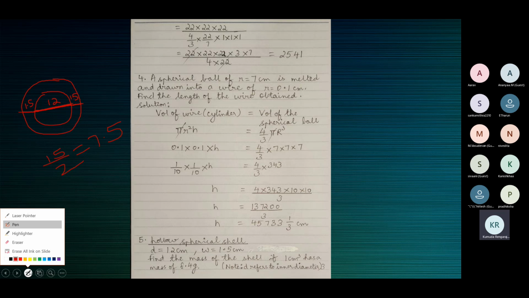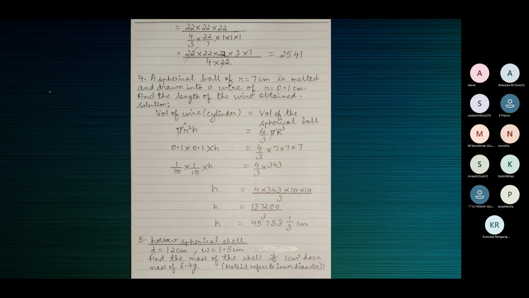Let me just do this again. The inner radius is 6. Here you can just use a diagram and visualize it.